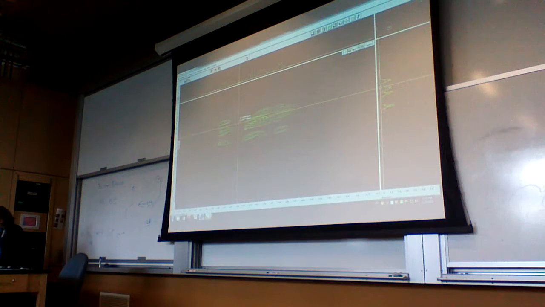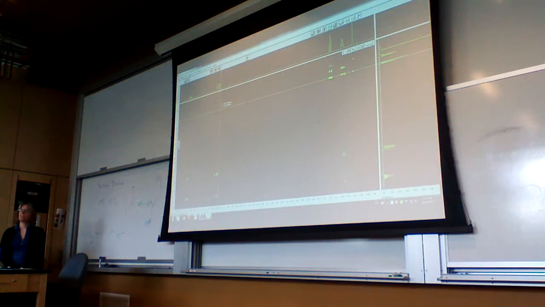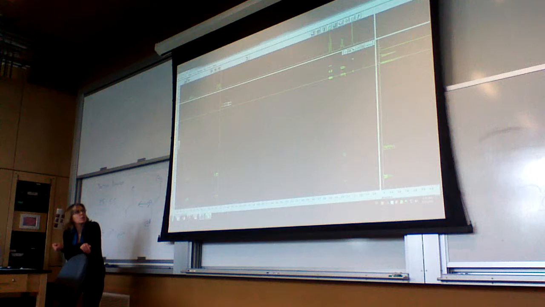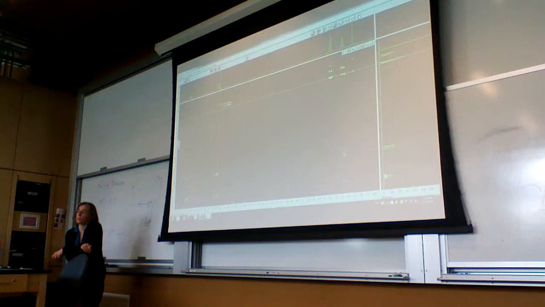The peaks that are not coupling each other, let's look for those. So this peak here, this B peak. So you want to look for absence of peaks and presence of peaks.